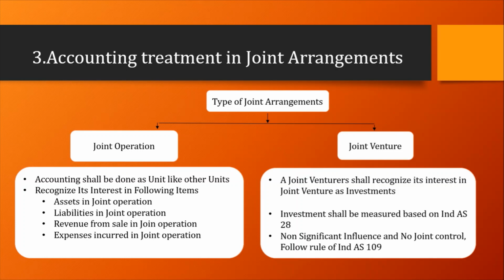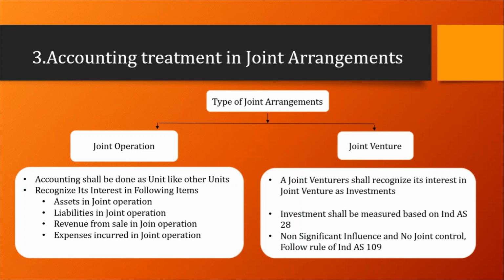Sometimes it happens that a party that participates in a joint venture does not have joint control in the arrangement, so it will follow Ind AS 109 Financial Instruments. If it has significant influence in the joint venture, it will follow the equity method. So these things we have to keep in mind.